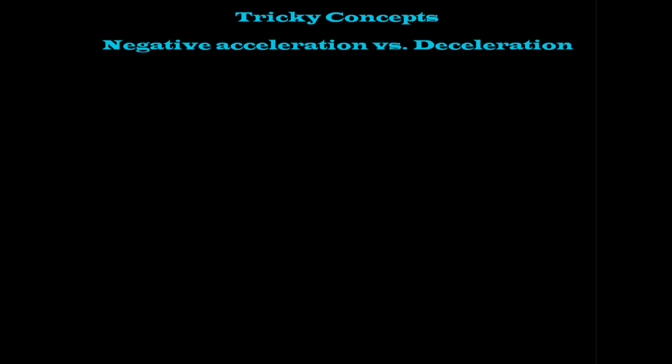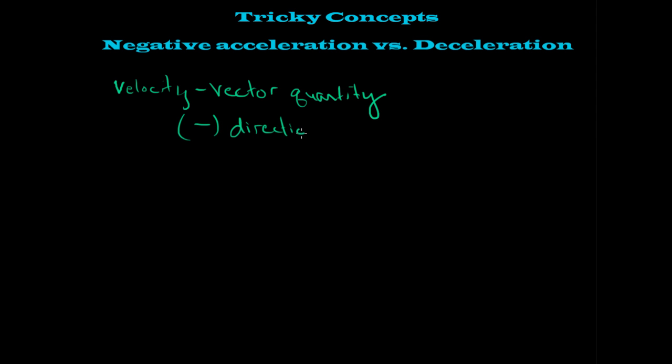Just remember, velocity is a vector quantity. So when velocity is negative, it's only implying a direction. Acceleration is derived from velocity.